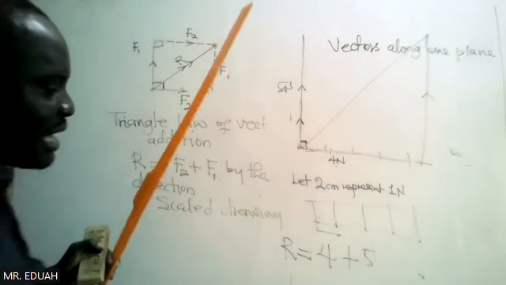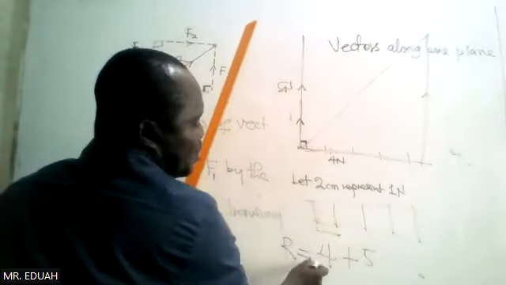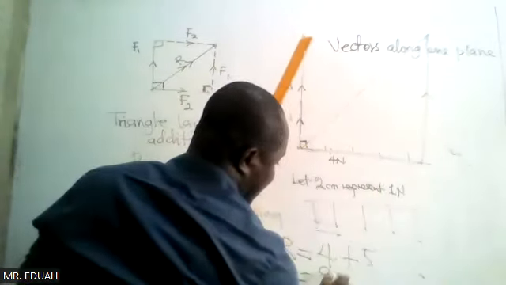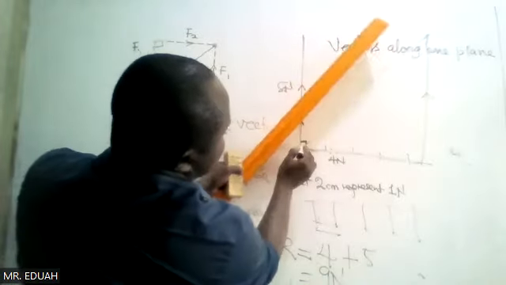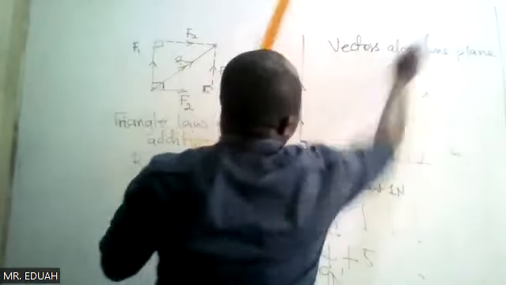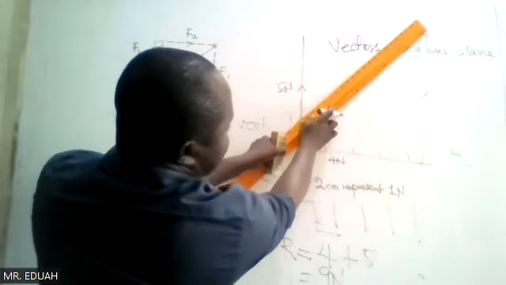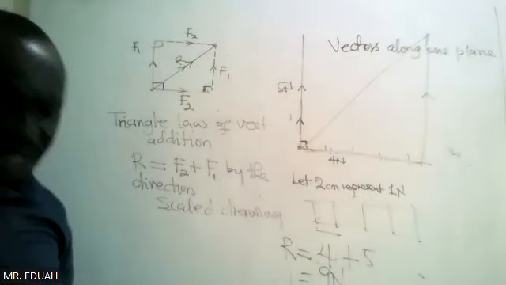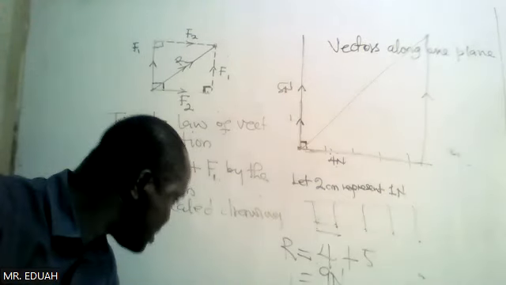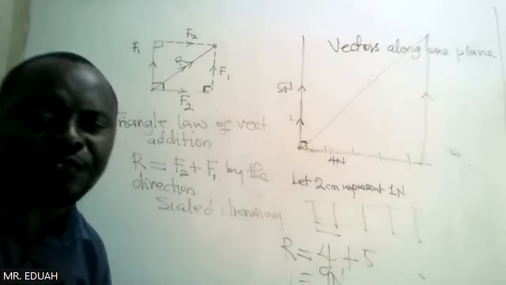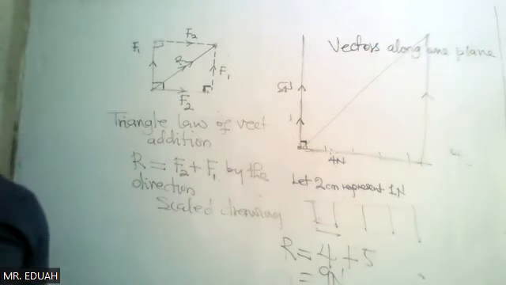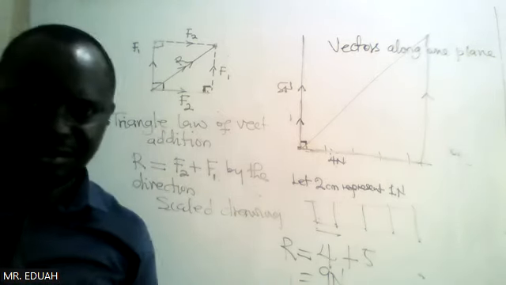The resultant is simply equal to 4 plus 5. When I measure, this length must give me 9 Newton. So you can only use the triangle law of vectors for scaled drawing, when the drawing is scaled.